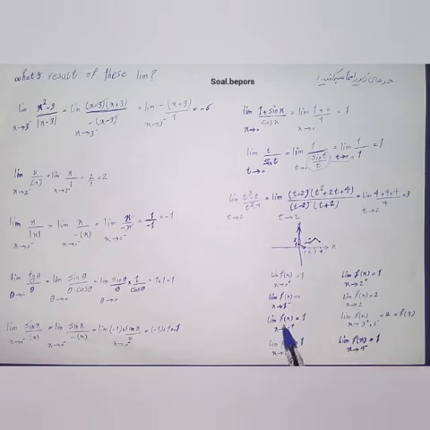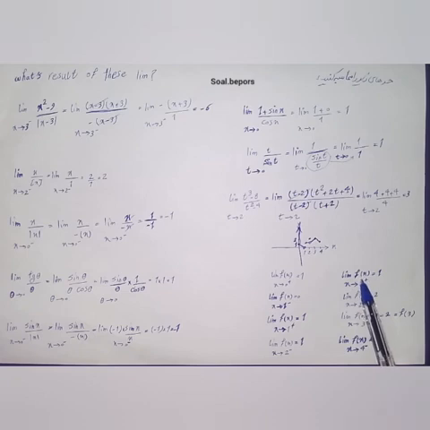The limit of f(x) when x goes to 1 from right, from bigger than 1, f(x) is 1. The limit of f(x) when x goes to 2 from left, from smaller than 2, f(x) is 1.